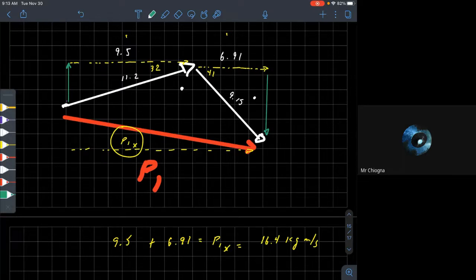On the left here, you have 11.2 hypotenuse times the sine of 32. On the right, it's 9.15 times the sine of 41. Okay, so what are those values? And it's negative.